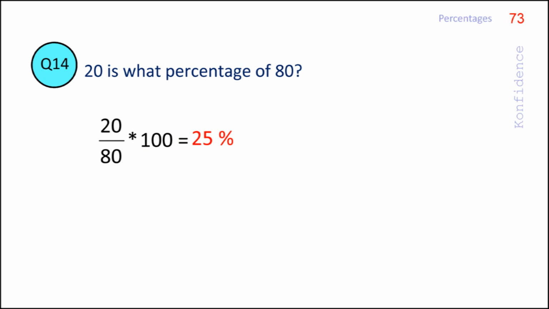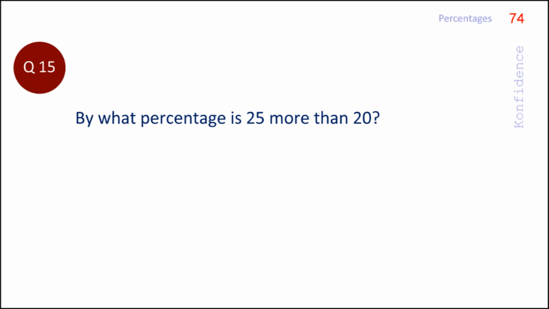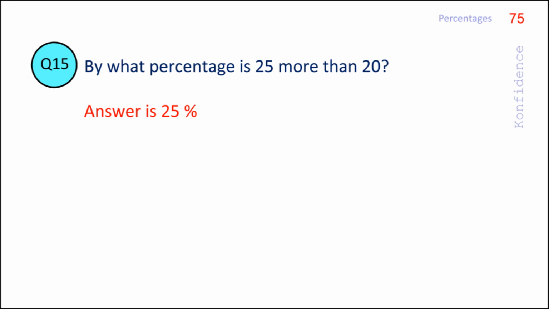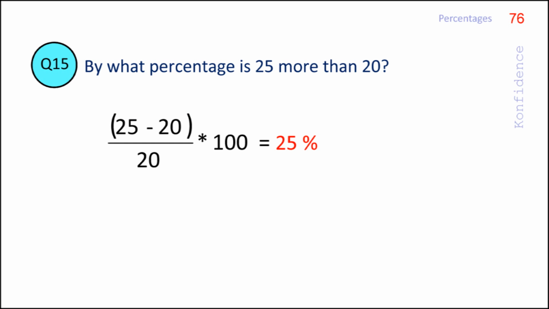It is 20 divided by 80 into 100. Question number 15. By what percentage is 25 more than 20? Answer is 25%. How? (25 minus 20) divided by 20 into 100.